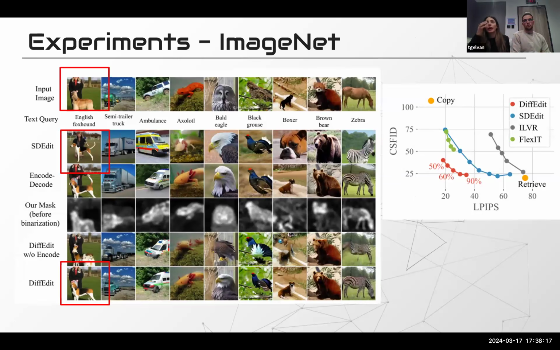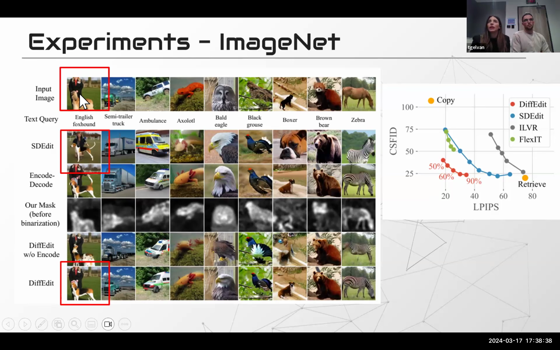Here we can see some results on ImageNet, which has labels. So we use the CSFID score along with LPIPS. We can see also in here that DiffEdit outperforms all other techniques. We can see some beautiful examples.